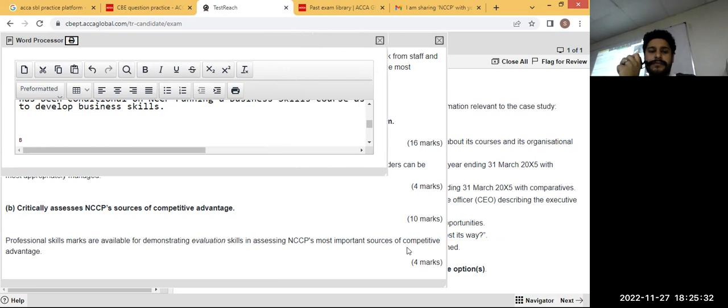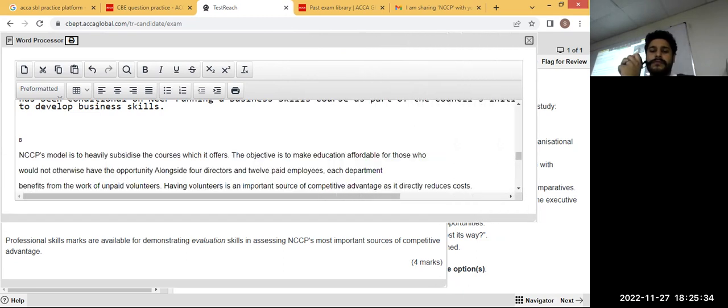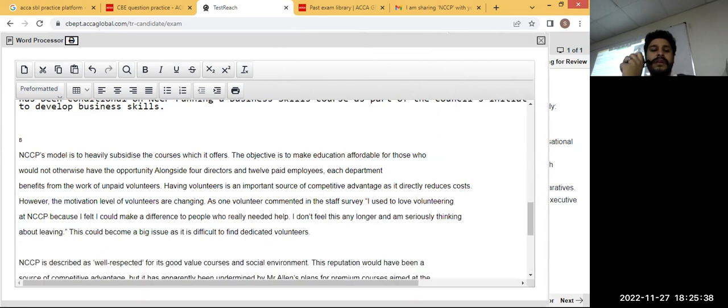Now let's see. The NCCP model heavily subsidizes the courses which it offers. The objective is to make education affordable for those who would not otherwise have the opportunity. Alongside the 4 directors and 12 paid employees, each department benefits from the work of unpaid employees.